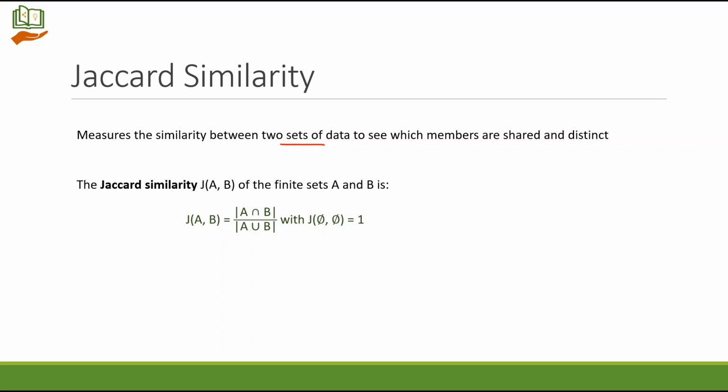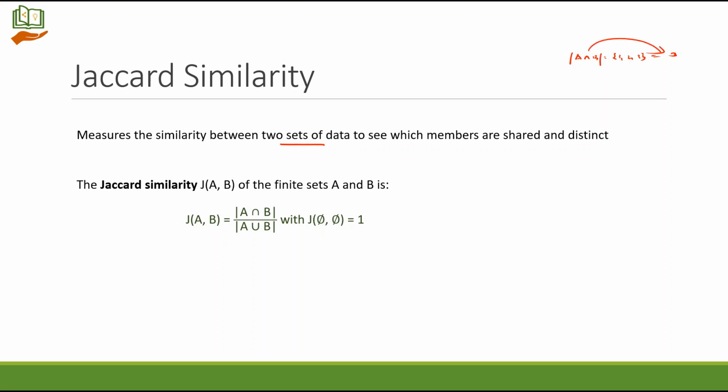It is given by A intersection B. What is this symbol? You have to take only the count of A intersection B divided by the count of A union B. So when you have A intersection B as 1, 2, 3, just take only the cardinality 3 to be this particular symbol's notation.